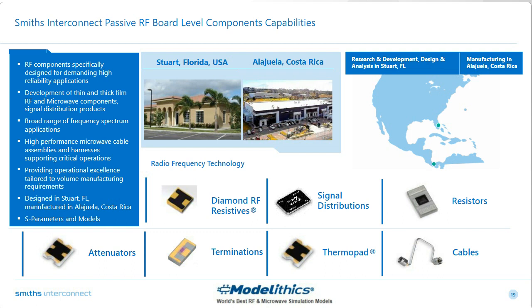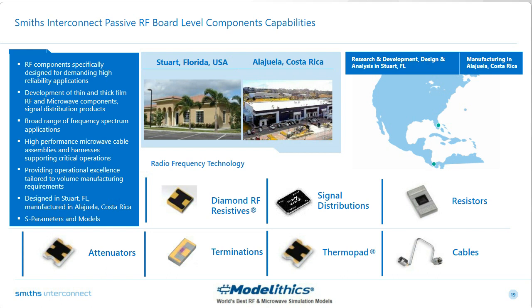The design engineering team, along with product line management, specifically designs RF components for demanding high reliability applications. We've developed a core group of products and processes with thin and thick film technologies that are used to develop a broad range of frequency spectrums used in many markets.